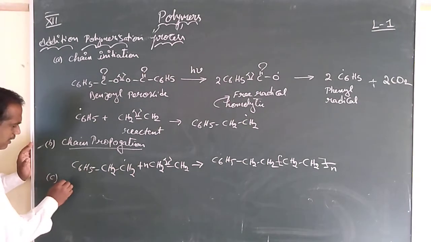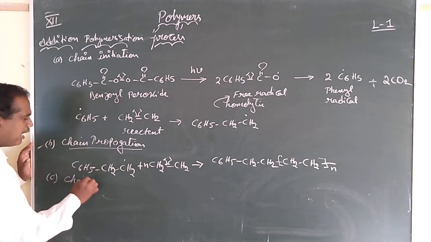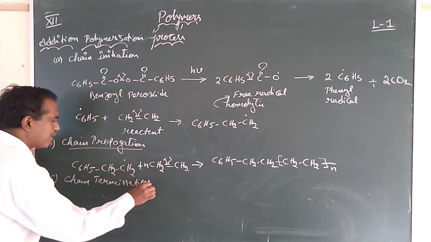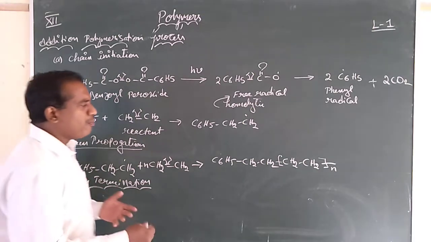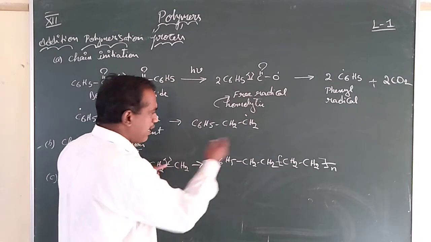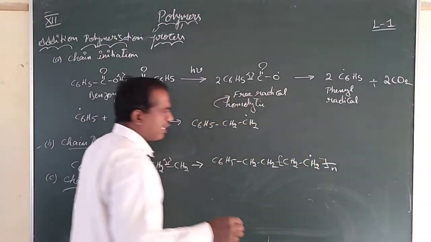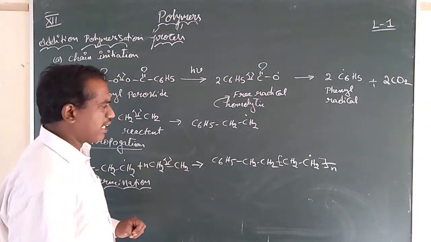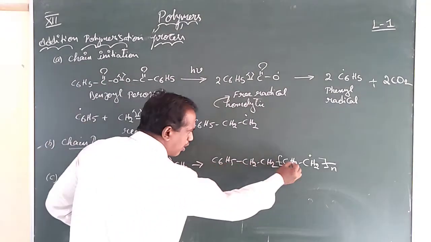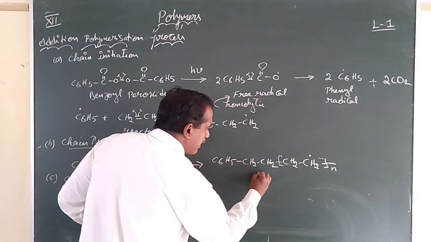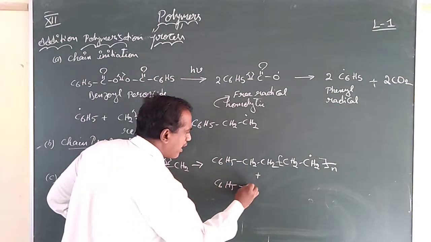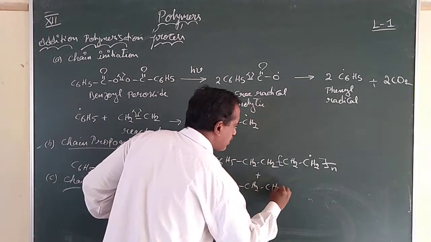At last, it concludes with chain termination. Meaning what, children? At the last carbon there will be a free radical. Now I am imagining this is one molecule, and I bring another such molecule, like C6H5CH2.